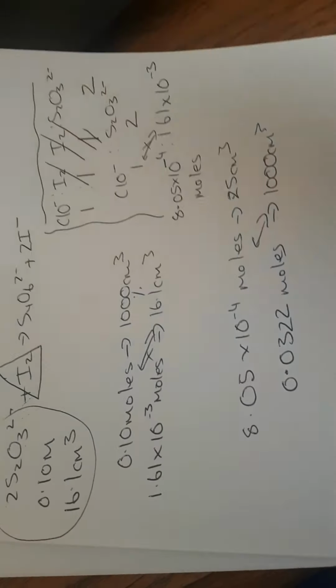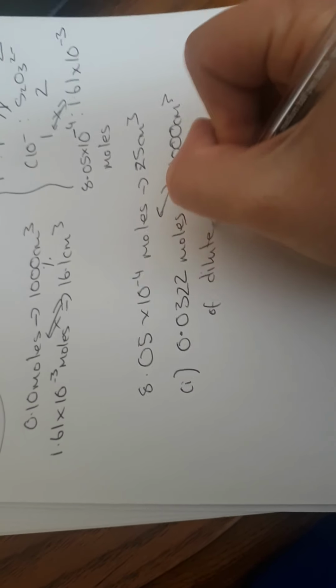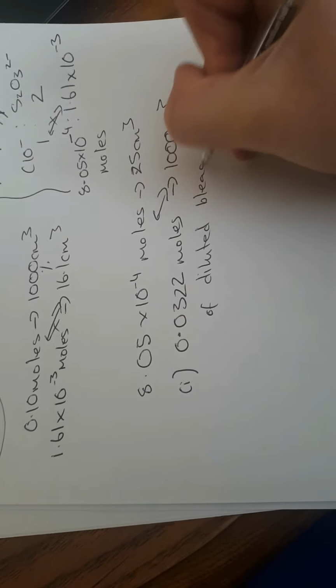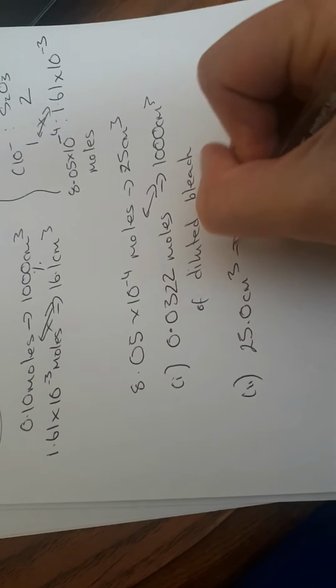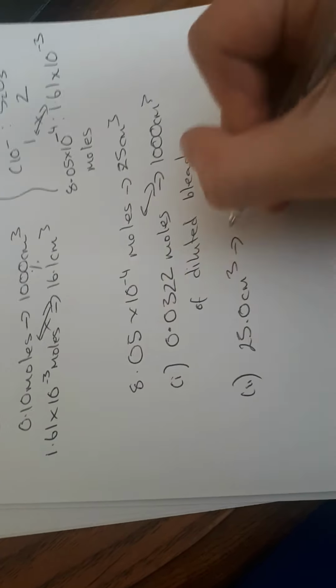And if we look at the question, this is where the wording of the question becomes important. You're asked the diluted bleach, and that is the answer in moles per litre of the diluted bleach. Then we're asked for our original bleach. And if I look at my original bleach, I started off at 25 and I diluted to 500 centimetres cubed. Okay, so that means that my bleach has been diluted 20 times.